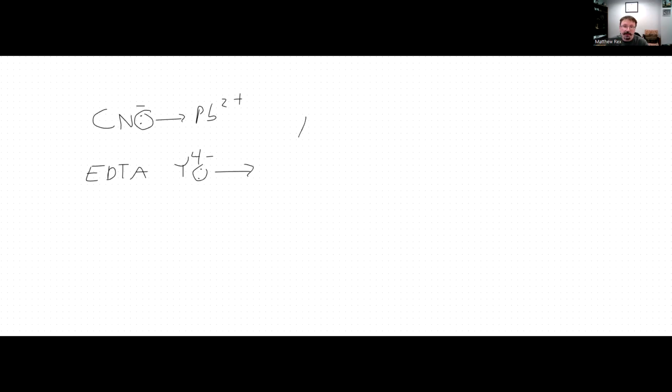More specifically, cyanide here is a ligand, but it's monodentate. It's only going to have one pair of electrons that it can donate, so it binds to the metal at only one site, whereas a multidentate ligand like EDTA has multiple sites that it can bind to, and that is what we call a chelating agent, a very specific type of ligand. So all the multidentate ligands should also be referred to as chelates and should also be Lewis bases.